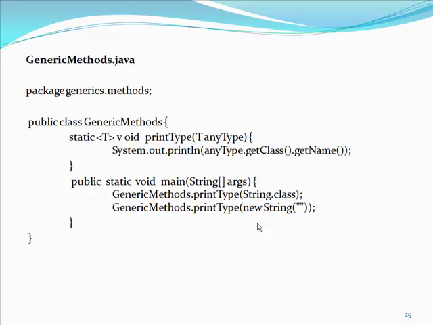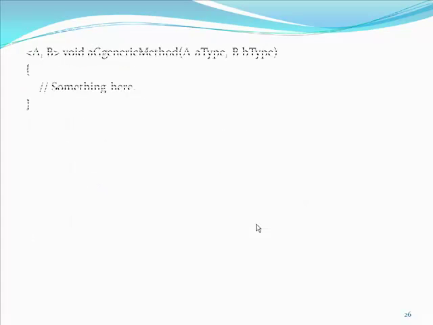Since we have introduced a parameter t, it should be defined. But where? It should be defined in the method definition itself, just before the return type of the method. The moral is, whenever we have different type parameters in the method, they should be defined in the method's definition.